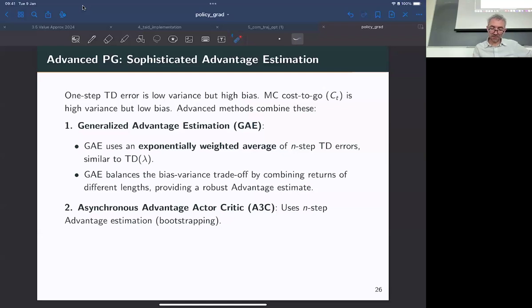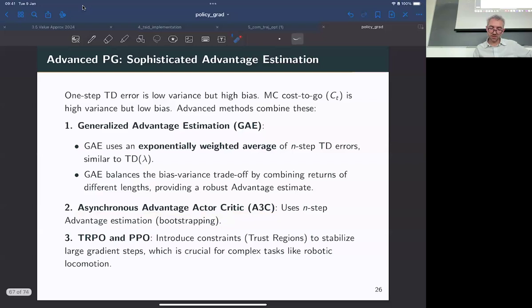Then you have this method called asynchronous advantage actor-critic, A3C, which uses n-step advantage estimation with bootstrapping. And then you have more state-of-the-art methods like TRPO, which is trust region policy optimization, and PPO, which is still nowadays used in many robotics applications.